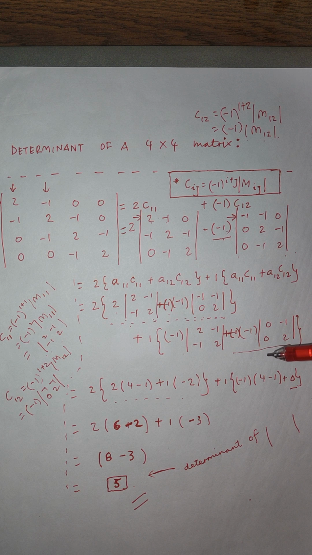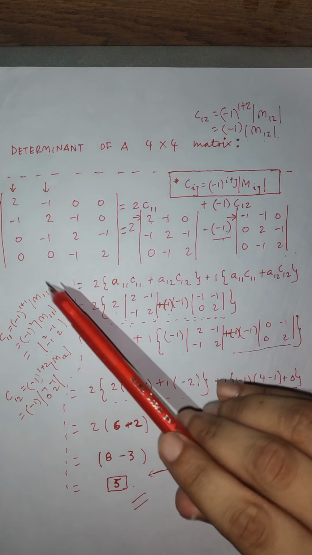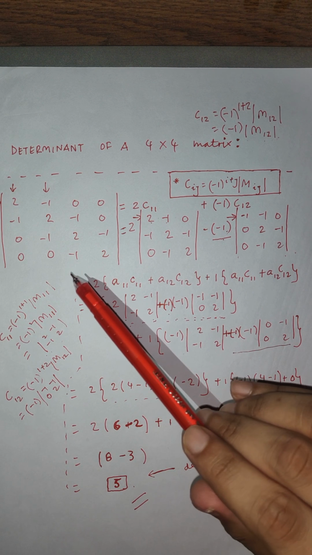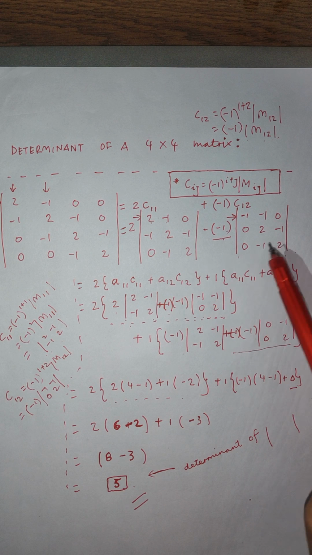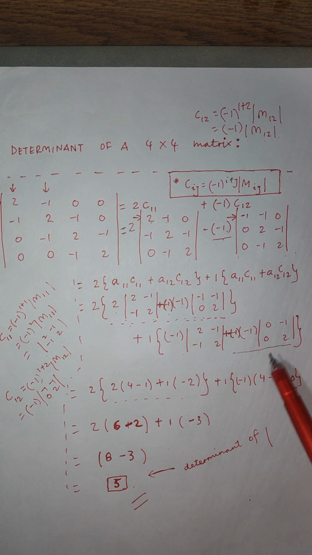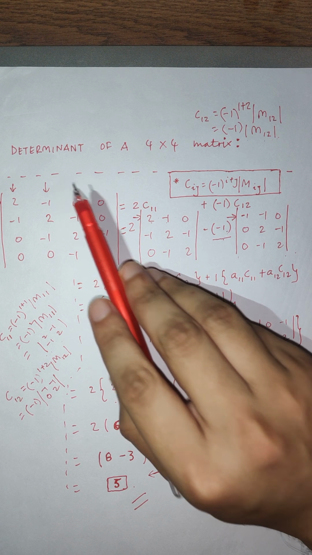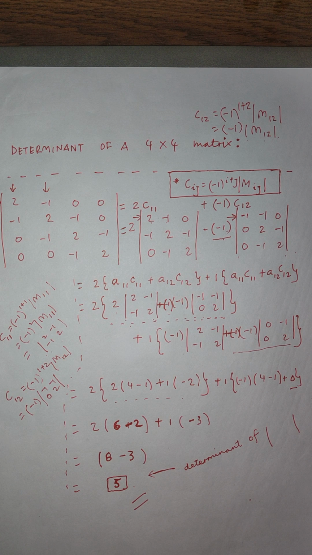So you see what my point is. To find the determinant of a 4 by 4 matrix, we actually had to use the determinant of 3 by 3 matrices and the determinant of 2 by 2 matrices. This is how we find the determinant of a 4 by 4 matrix. Hope this helps. Thank you.